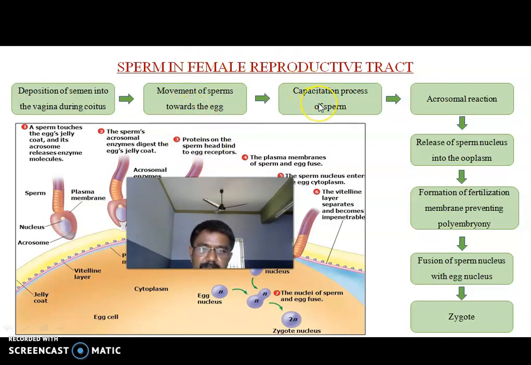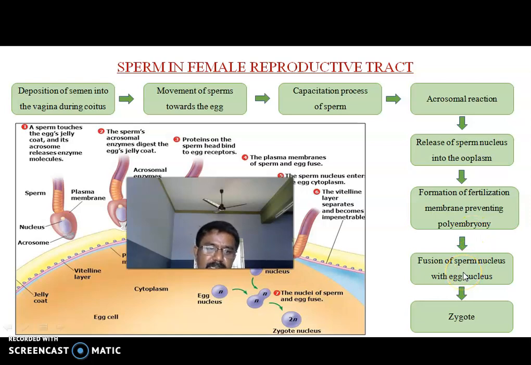Third stage, capacitation of sperm and the acrosomal reaction. Fifth step, release of the sperm nucleus into the ooplasm. Next step, formation of the fertilization membrane, preventing polyspermy.